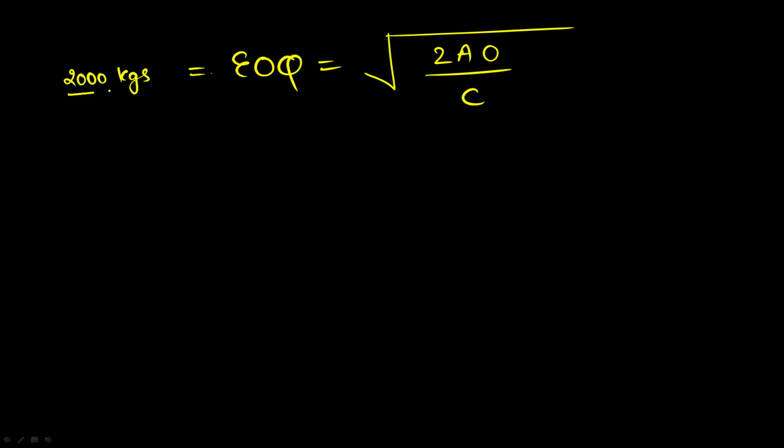I am giving you answer before even knowing how to find it out. What does 2000 kgs mean? 2000 kgs of raw material. What does this mean? EOQ is 2000 kgs. You will have to purchase 2000 kgs per order.